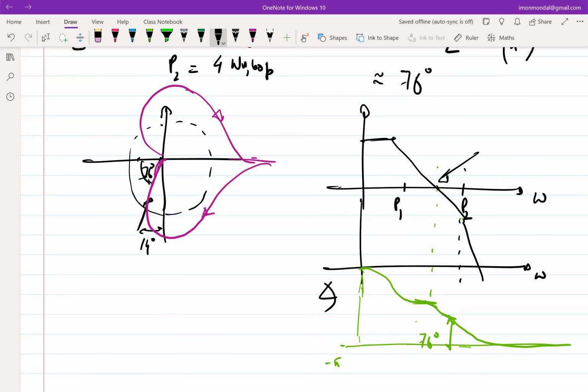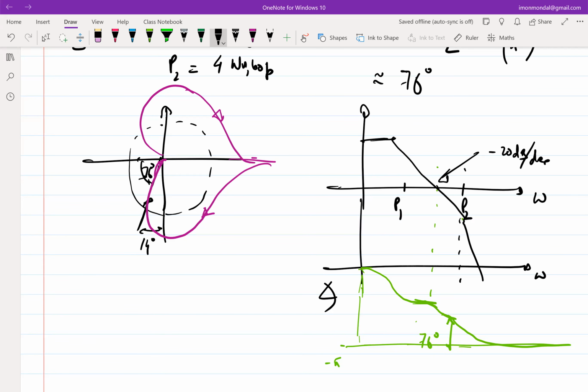Slope of L of S? Minus 20 dB per decade, right? And this is essential because if it's not minus 20 dB per decade, it means P2 is before omega U loop.